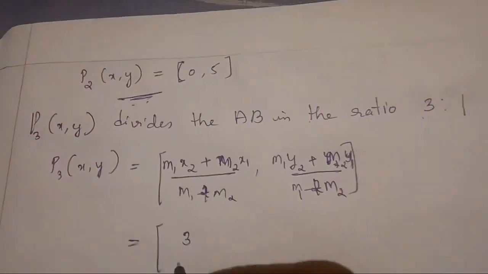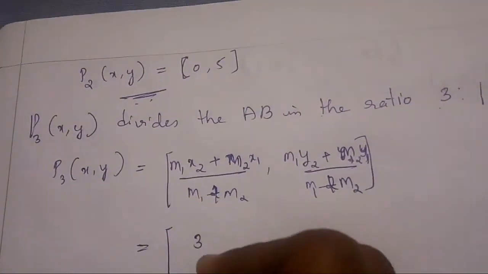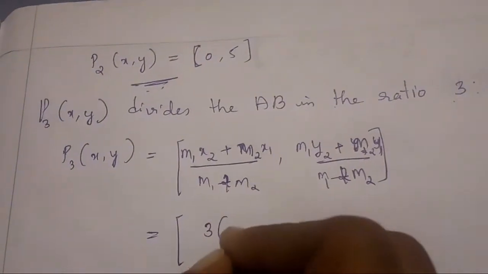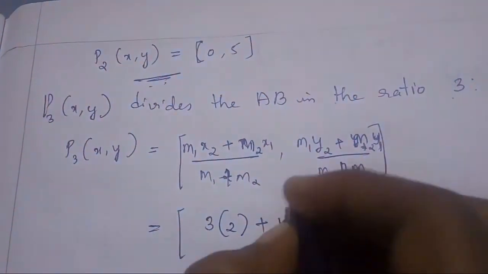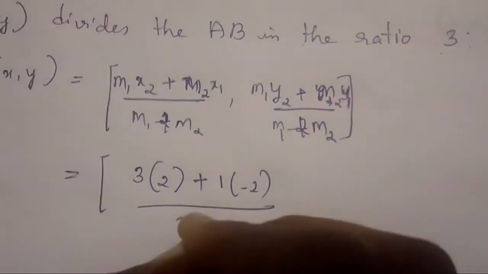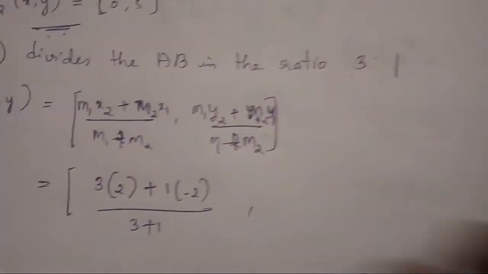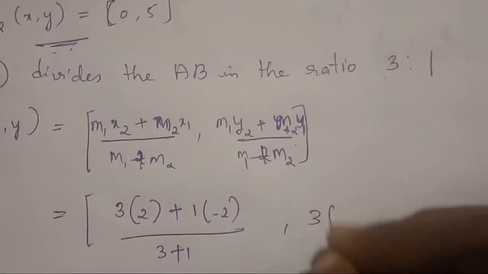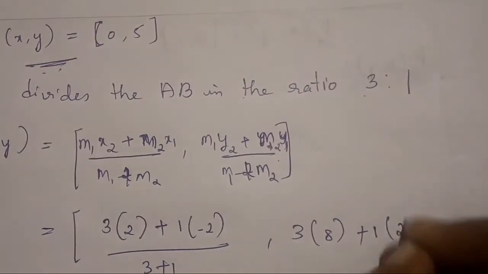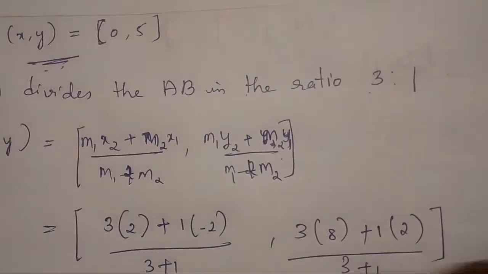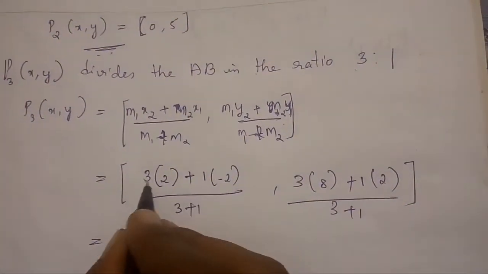Now m1 is 3, x2 is 2, plus m2 is 1, x1 is minus 2, divided by 3 plus 1. Then m1 is 3, y2 is 8, m2 is 1, y1 is 2, divided by 3 plus 1.